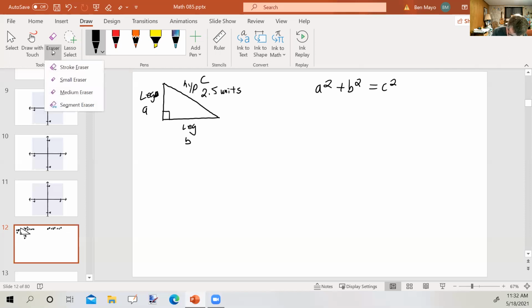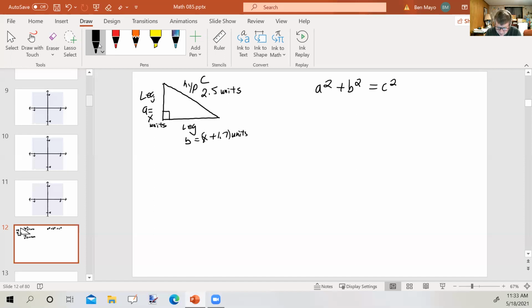Well, the way I've got it drawn, this is the shorter leg, so we'll call this X. And this is the longer leg, so we'll call this X plus 1.7 units. So A is X units long, B is X plus 1.7 units, and C is 2.5 units.